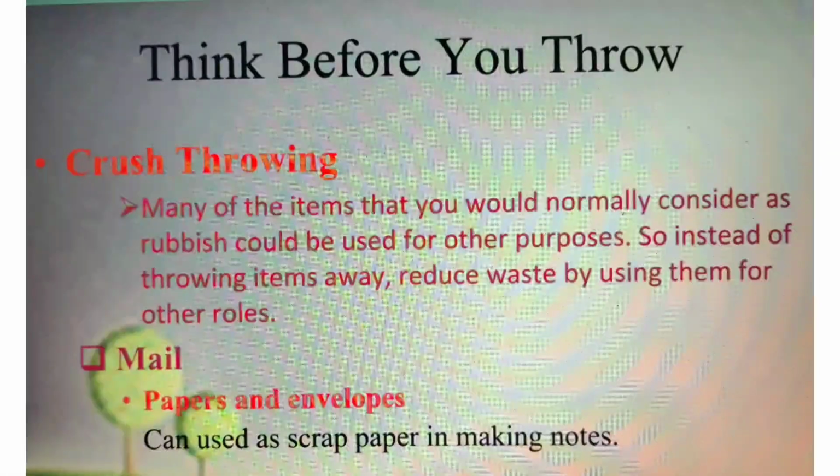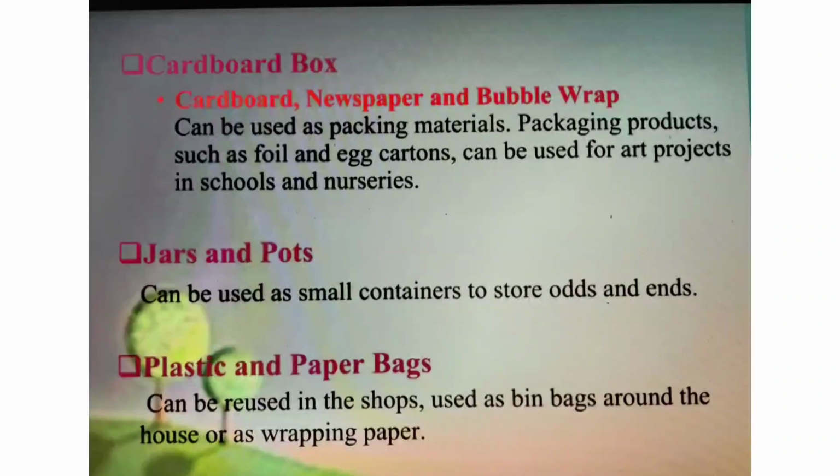Some examples: paper and envelopes can be used as scrap paper for making notes. Cardboard, newspaper, bubble wrap, etc. can be used as packing material. These packing products can also be reused for art projects in schools and nurseries.